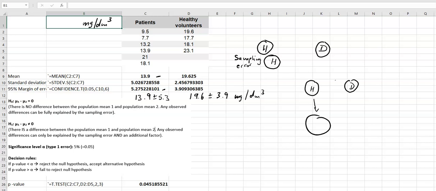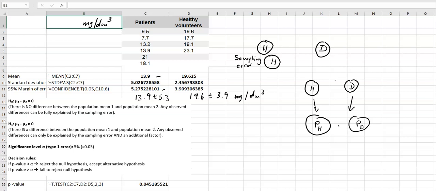So this is the population, and this is the population for the diseased. And instead of comparing the samples, we compare the populations from which these samples have been drawn. And we ask the question, are these populations different from each other?